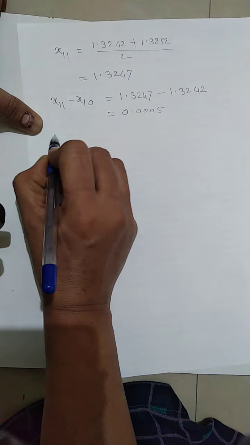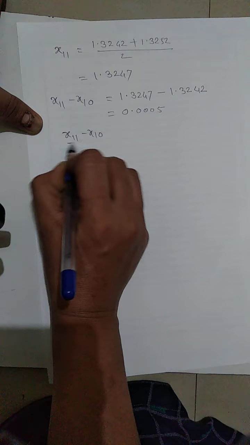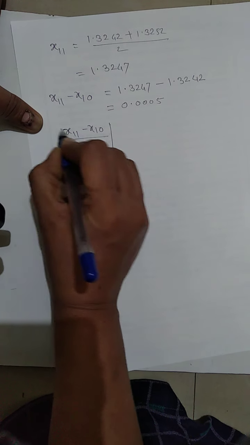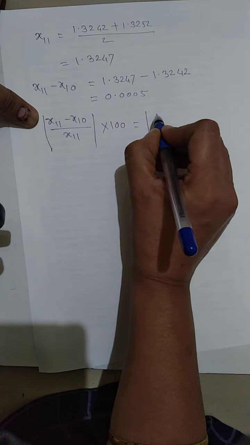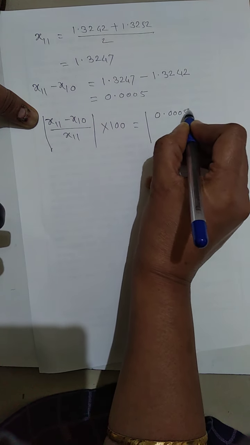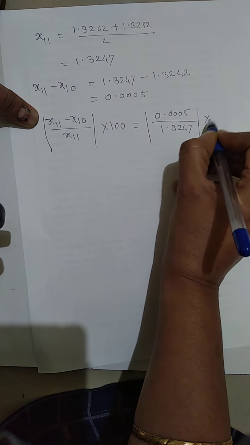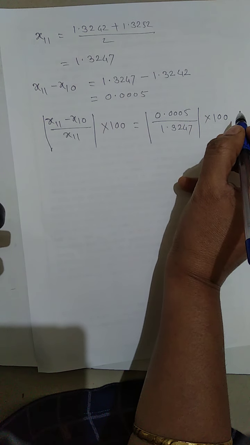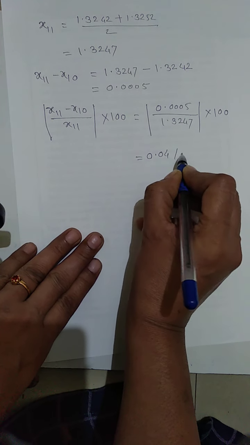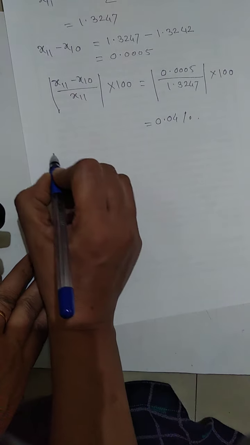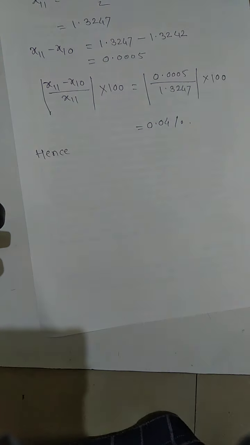And then find the percentage of error by using the formula: (x11 minus x10) upon x11, multiplied by 100, that is equal to mod of 0.0005 divided by 1.3247 multiplied by 100, and the value of this is equal to 0.04%. Hence this percentage error is very small, 0.04%.